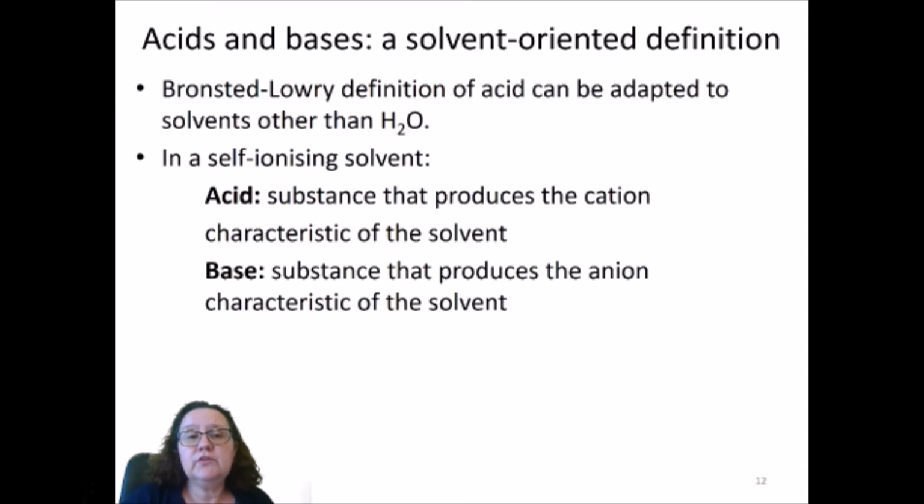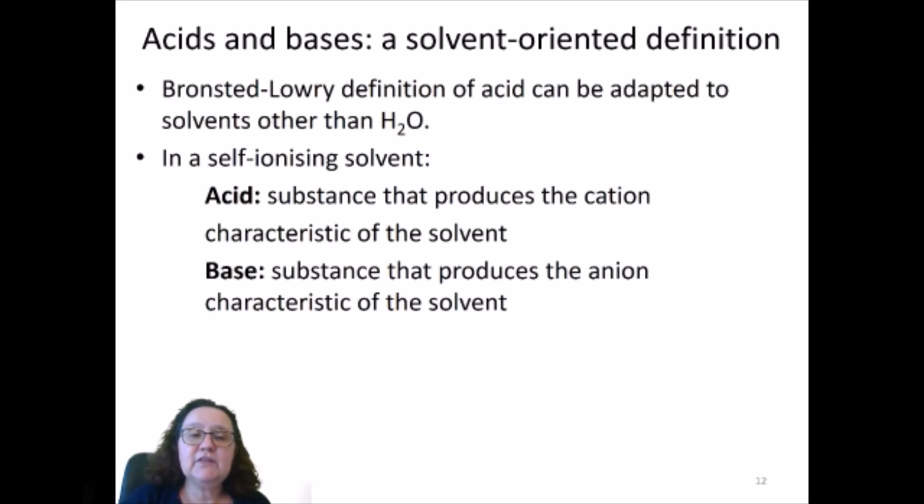The Bronsted-Lowry definition of what an acid is or what a base is can be adapted to solvents other than water. So if you're in water or in a protic solvent, then you talk about an acid donating hydrogen ions, a base accepting hydrogen ions.